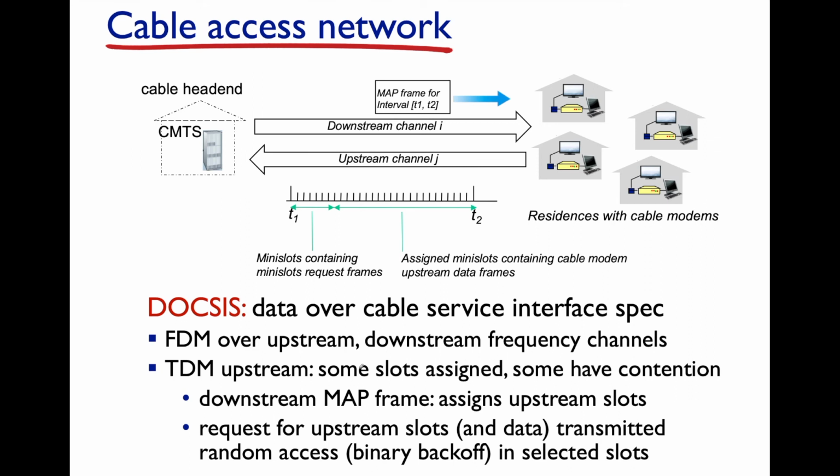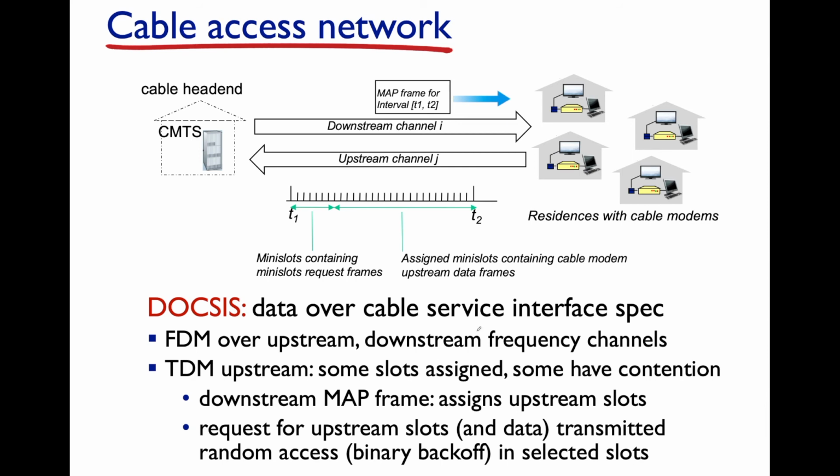Now, of course, the time division multiplexing part for the upstream portion has some time-based slots pre-assigned, and some have contention. Now, in the downstream, there's a frame that is sent that can be used for the assignment of upstream slots for the upstream direction.